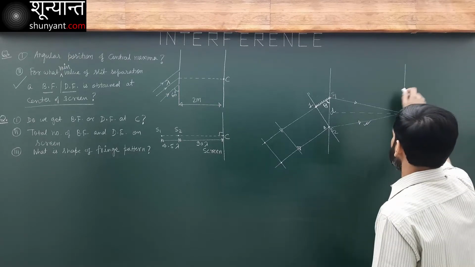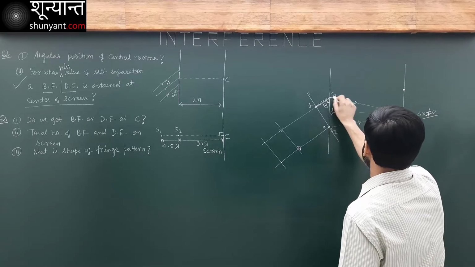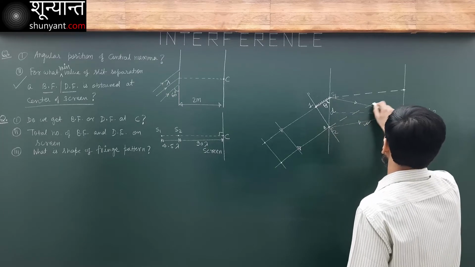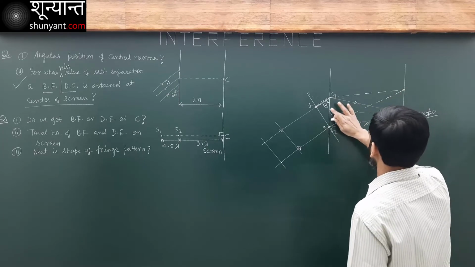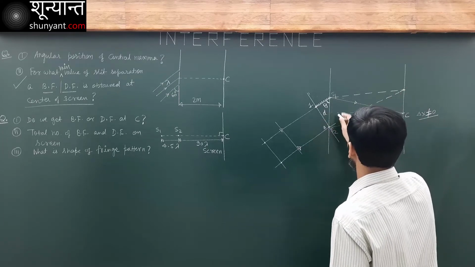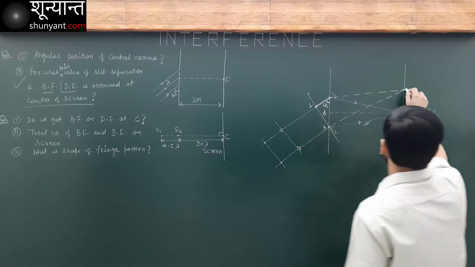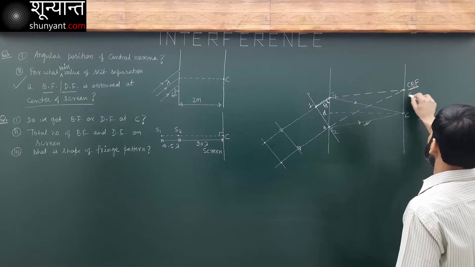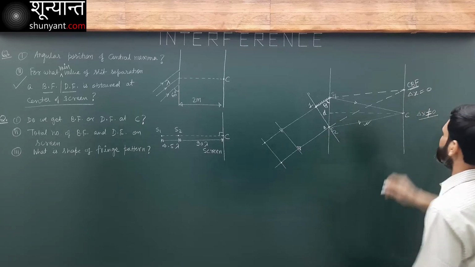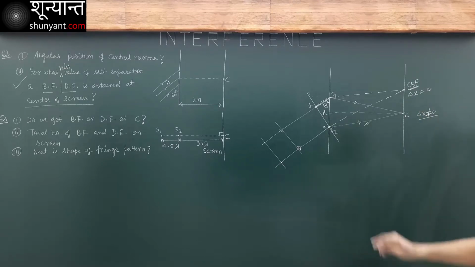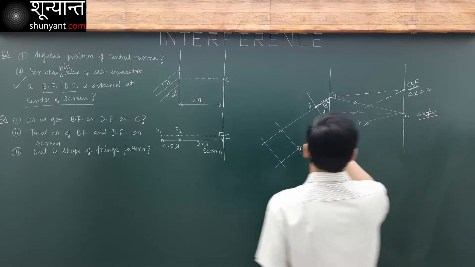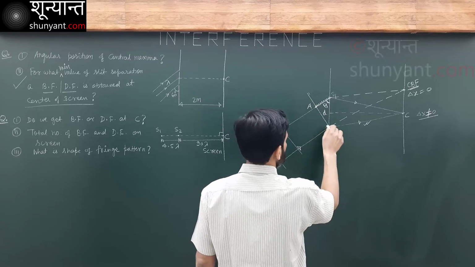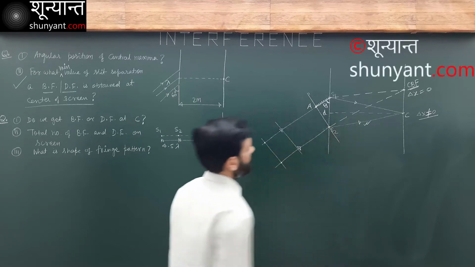Let's say this is the position of the central bright fringe. So delta x here is 0. Let me call this A, and this point is B, or let's say S2.